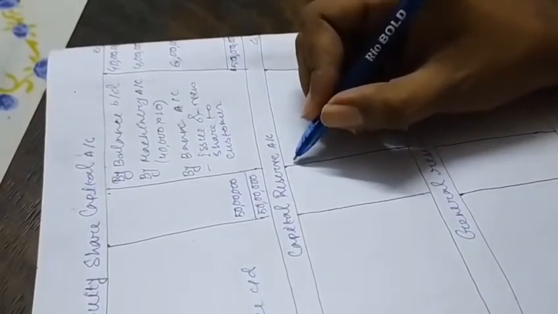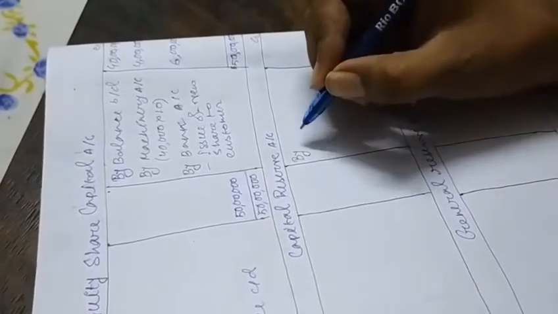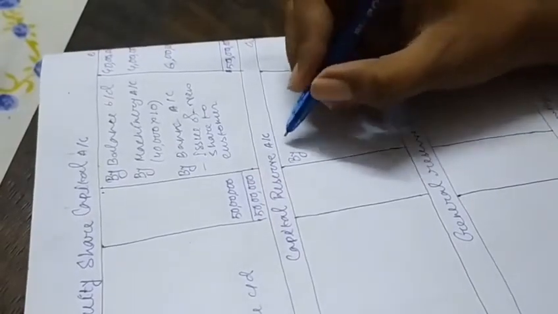Okay, then comes the next point, that is capital reserve. You know, this is also a liability, and liability starts with a credit balance. So the opening balance is by balance BD.